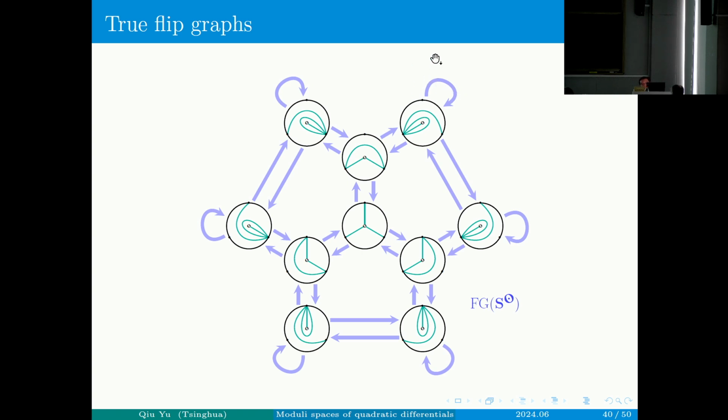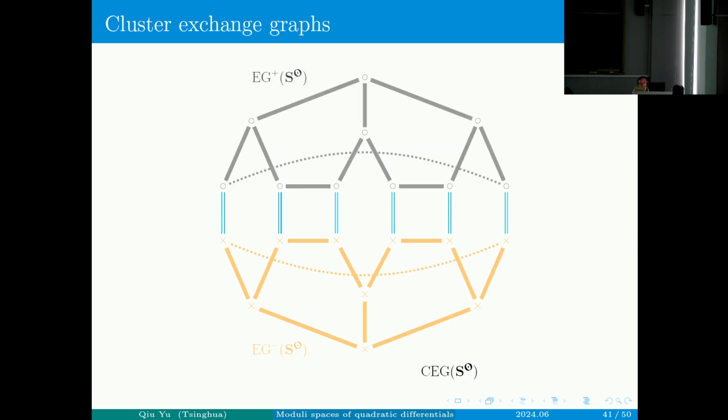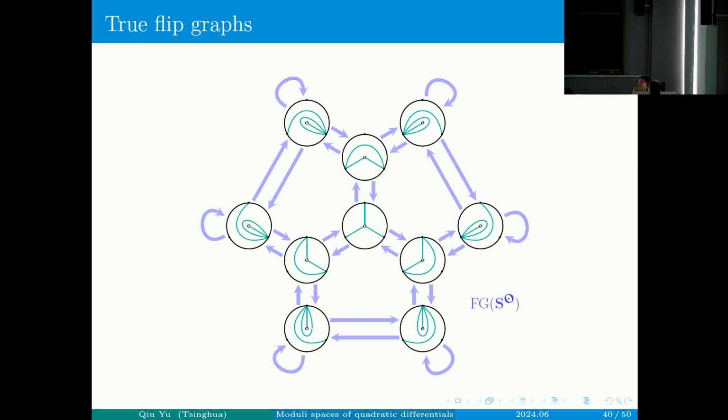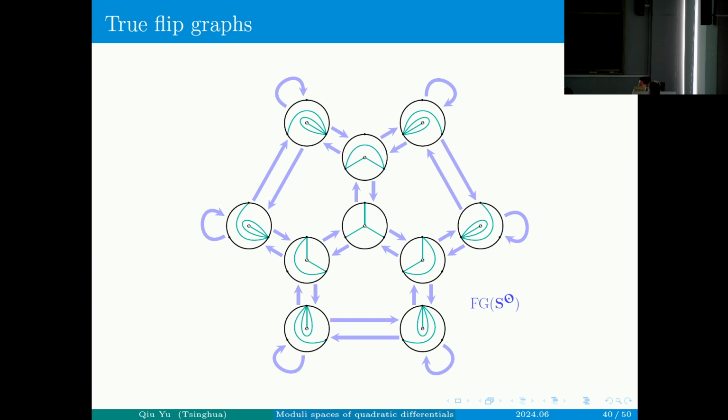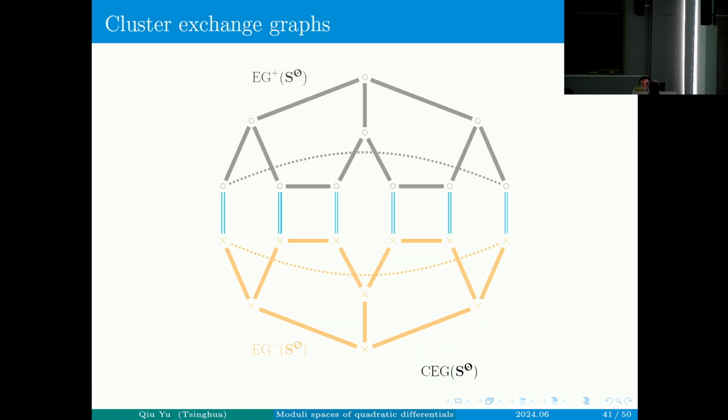And you want to add all the loops corresponding to flipping the self-folded triangle, which becomes itself, but it makes sense. So this is the right thing to do. In cluster theory, what they do is take 2 copies of the previous exchange graph and glue them together to get an association. So for us, we want to mix up these 2 operations. This one is for the puncture, and this one is for the yin-yang.